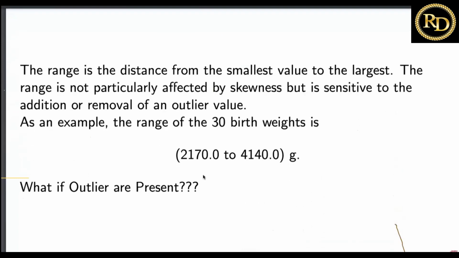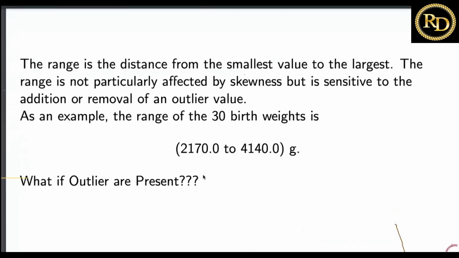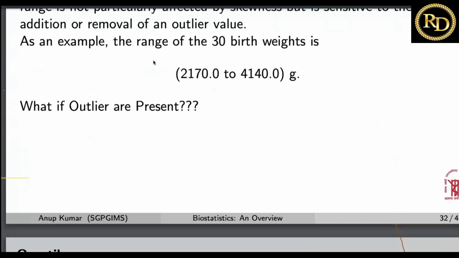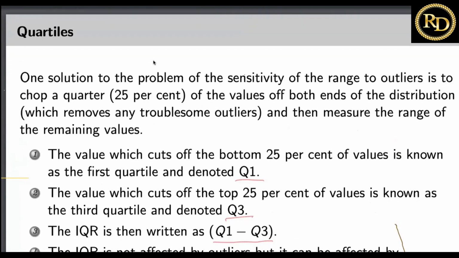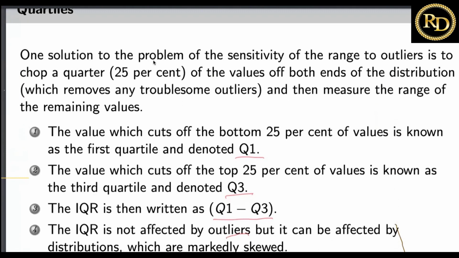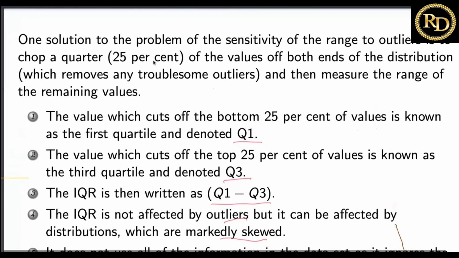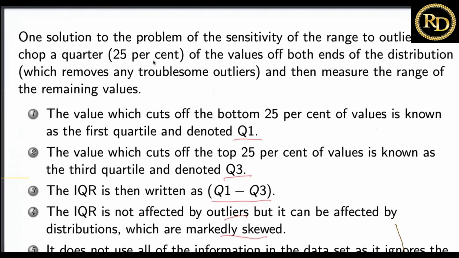Now, what if an outlier is present in your data? Then the range is not a good measure of variability of the data. In such a case, we should go with the quartiles. One problem with the range is that sensitivity, so we can divide our data into 4 equal parts, and that's why it is termed quartile.